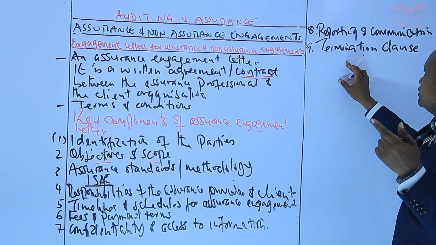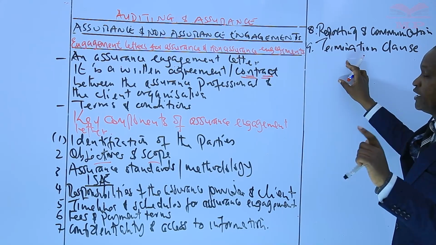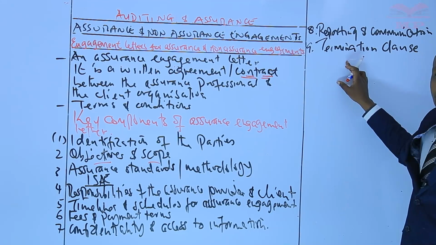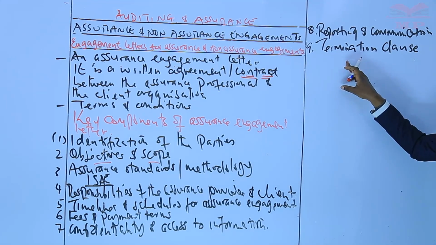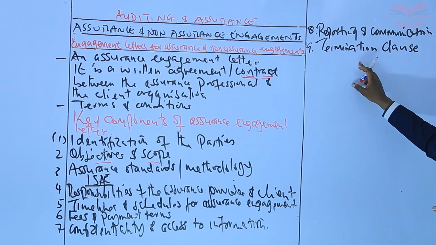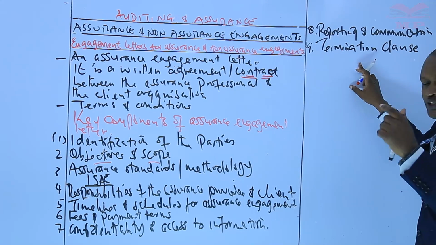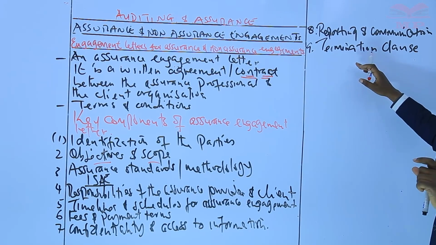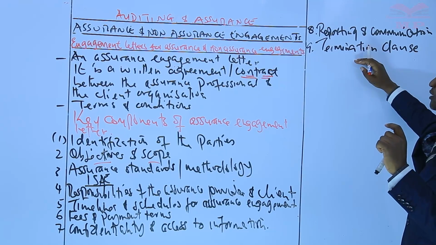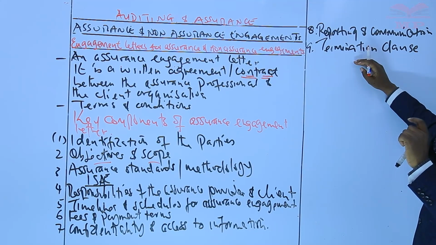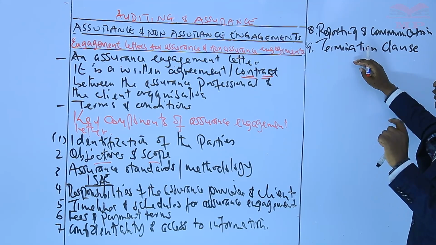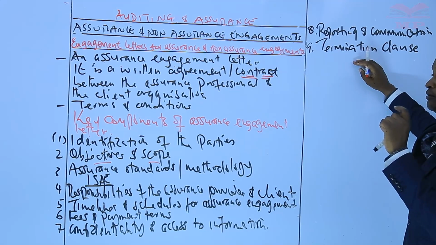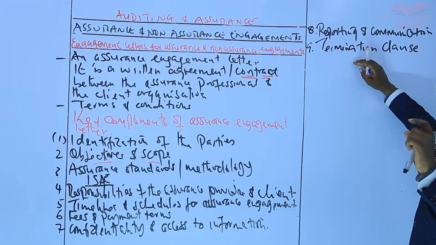A clause specifying when either of the parties can terminate the assurance agreement, and this clause should include the reasons for termination. It has to be clear that if either party would want to terminate the contract, then the party must give reasons for terminating the contract.